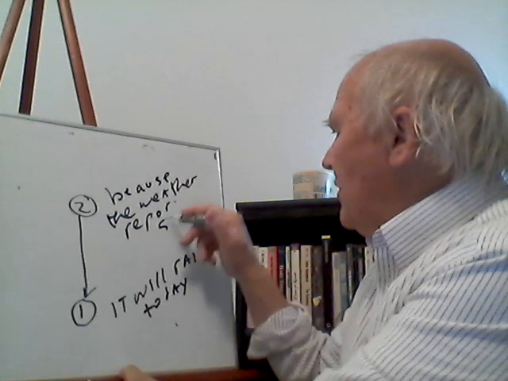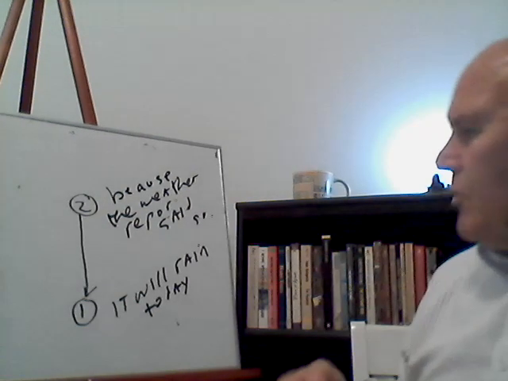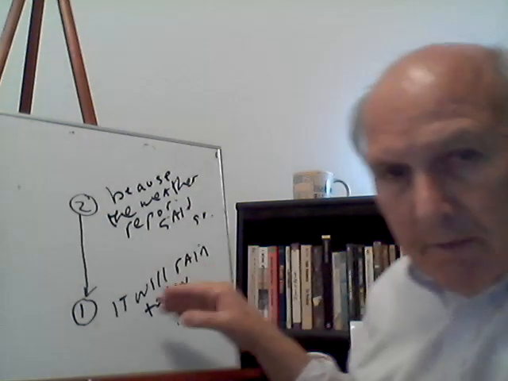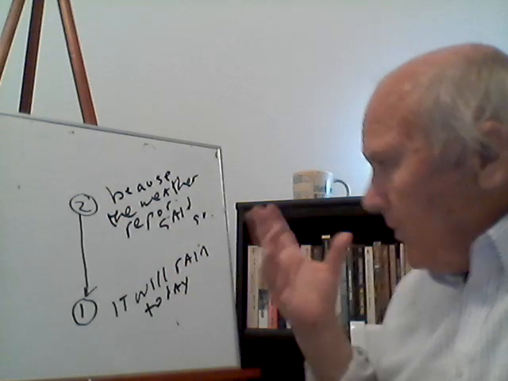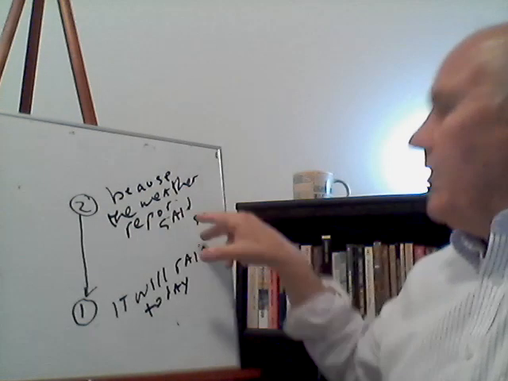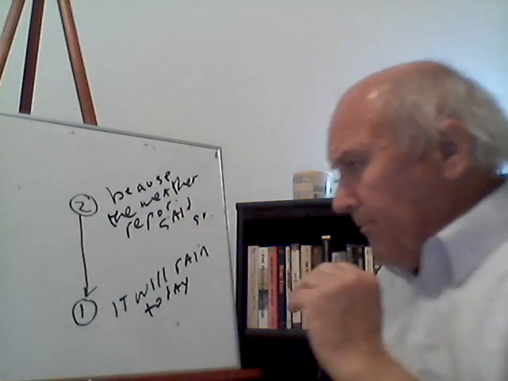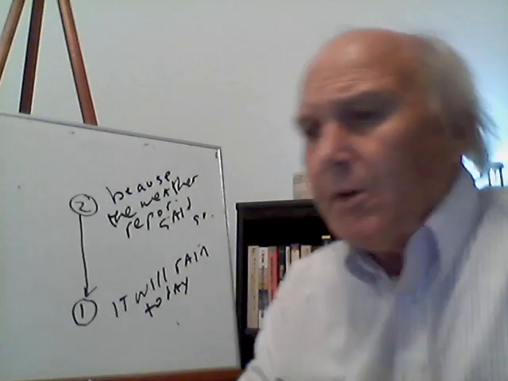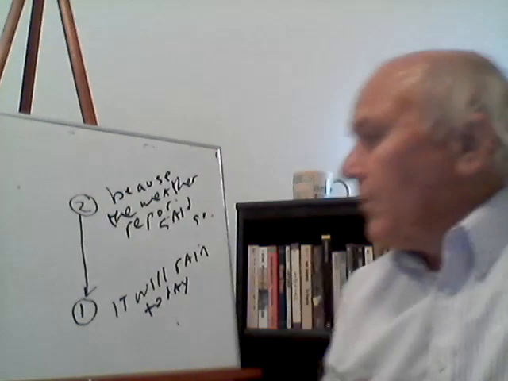And it's an argument because it has a conclusion: it will rain today. The conclusion is what you're trying to prove or demonstrate. And the reason is because the weather report said so. The conclusion goes at the bottom, the premise at the top. So arguments are always an attempt to prove that something is the case.